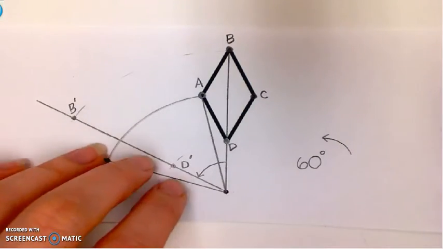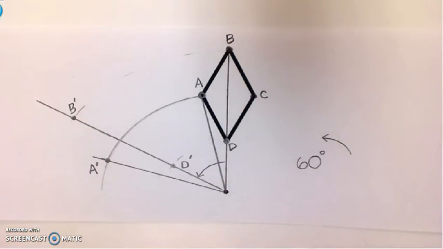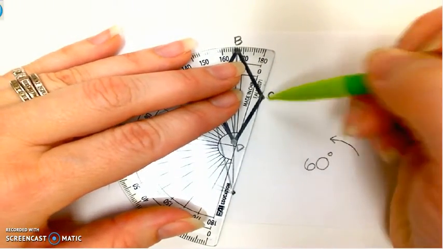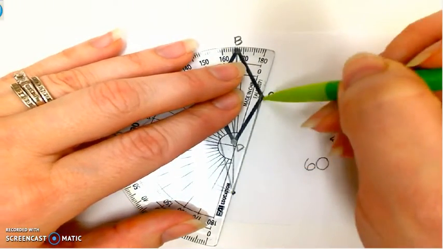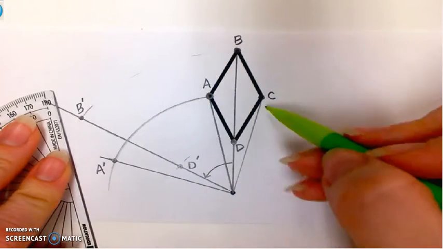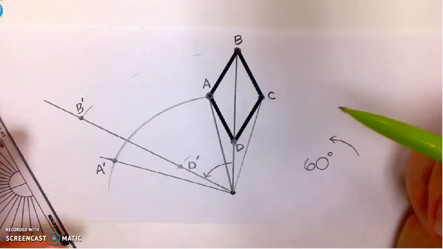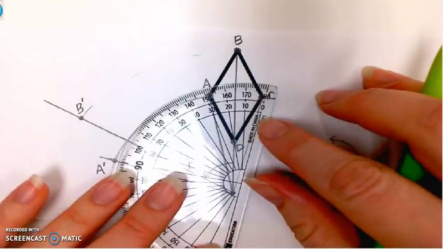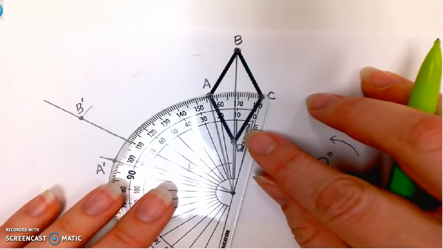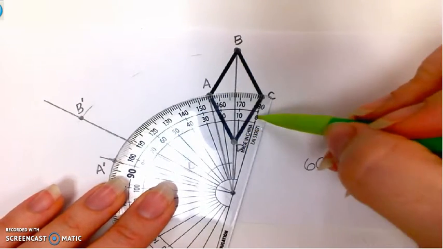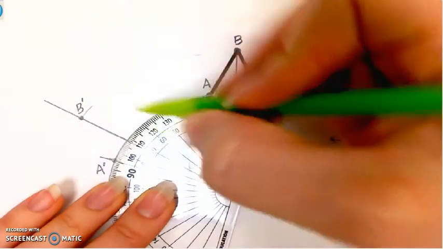And our last one is C. So I like to connect the center of rotation to the point, and then I want to picture this line. See how I said there's so many lines here to keep track of, but if you just stay focused on which point you're on, we're working on C. So we're going to take point C 60 degrees around the circle.